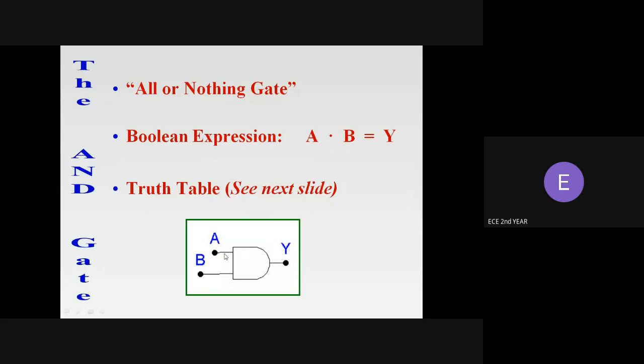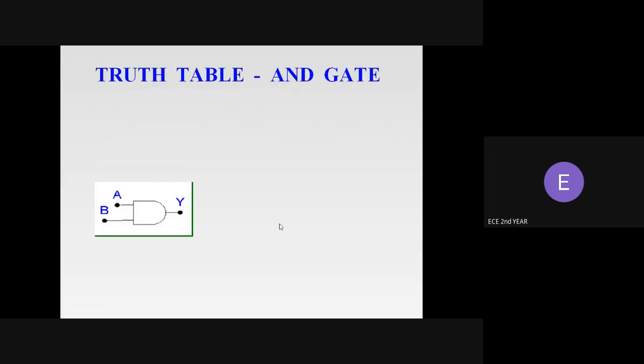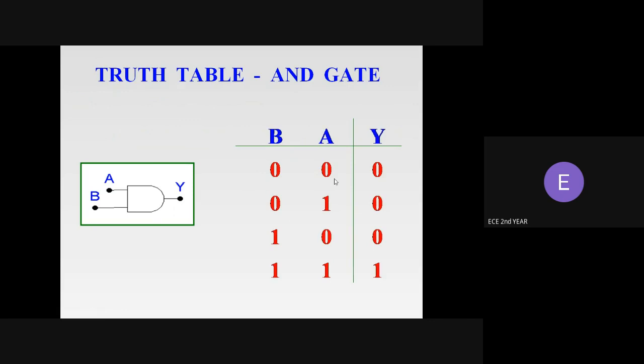So in this one we apply different combinations for the inputs A and B. We start with 0, 0, 0, 1, 1, 0 and 1, 1, and see what are all the possible outputs by using this AND gate. We see the truth table. Here the truth table is given by different values for A and different values for B and their corresponding outputs.